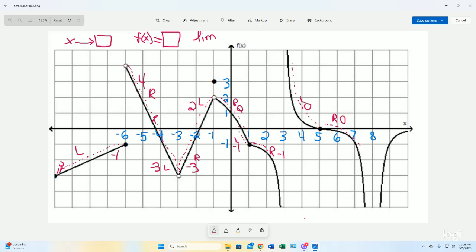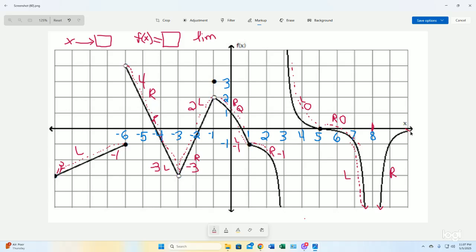Now, let's also look at 8. 8 is a bit of a tricky one. This is the left side, this is the right side of 8. If I walk on the left side of 8, you may think I stop here, but this is actually going forever. These are arrows going into infinity.